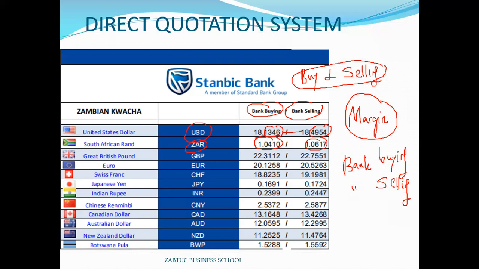So it's important to take note of the terminology. So the bank buying and the bank selling. So if you're going to give correct advice about what a company should do, you must first tell us which rate is the buying rate and which one is the selling rate.